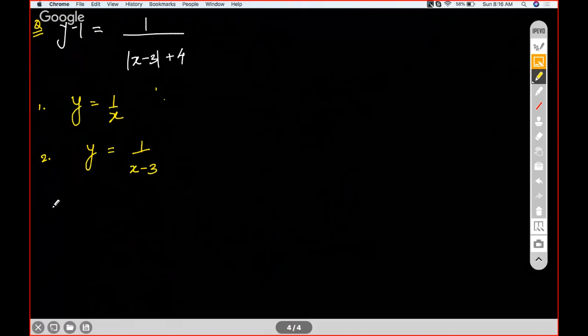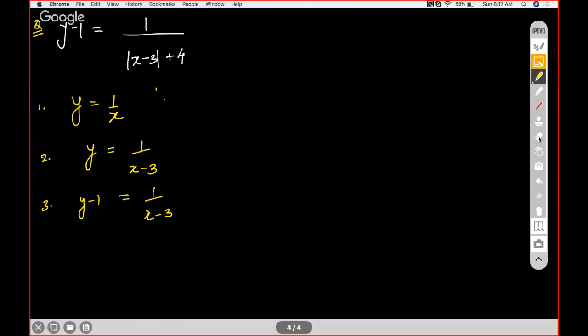You shifted up by 1 unit. That means you are planning to do this. Then I have to do a plus 4. Where did that come in? That's the problem. That's what I was worried about. How do you bring the plus 4 in?